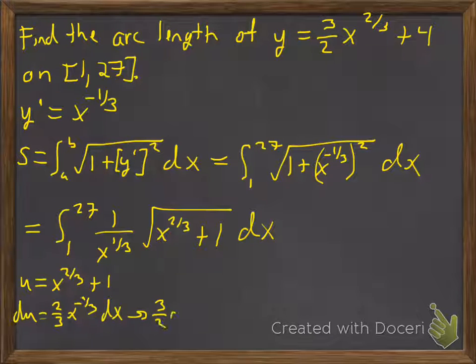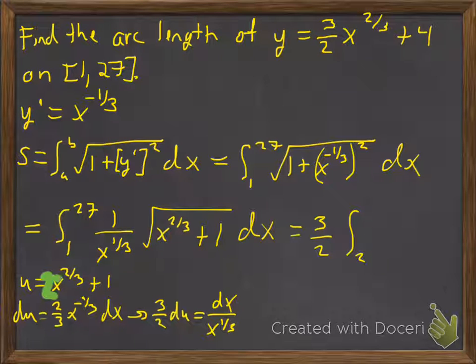Again, we'll solve for dx over x^(1/3). And we can do a change of variable. If we plug 1 in here, you're going to have 1 + 1, which is going to be 2 as our lower limit. I'm going to factor out the 3/2 also. So the lower limit is 2, and then we're going to plug in 27.